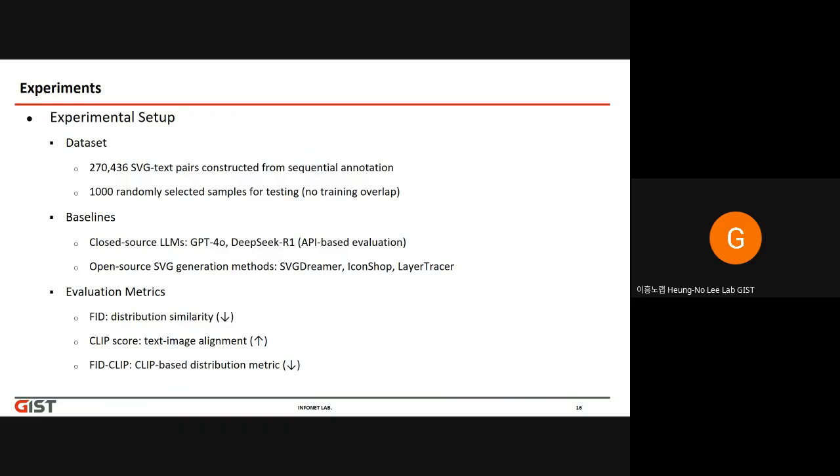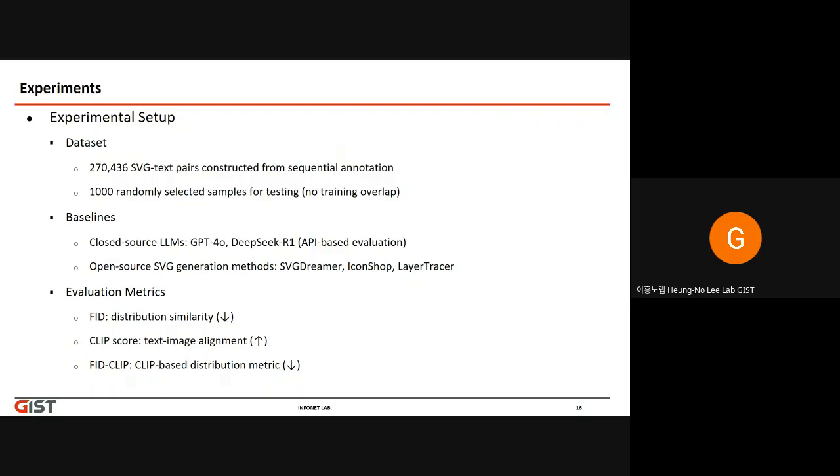As for the comparison experiment, they used 200,000 text and SVG pairs constructed from the annotation step, and 1,000 of them were randomly selected for testing.